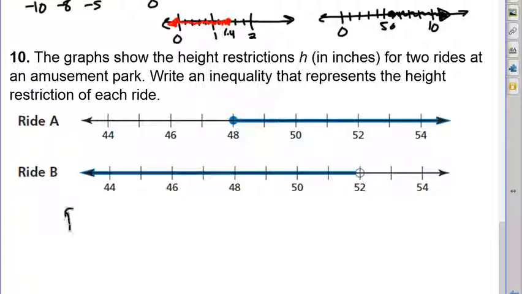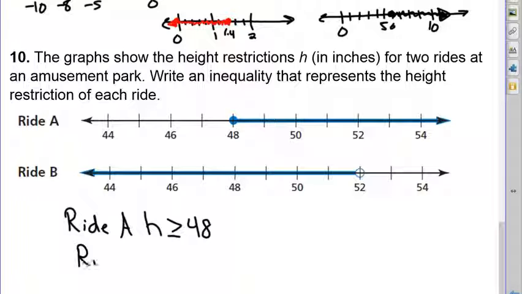So for ride A, our height is being compared to 48. And notice it's all the numbers greater than 48. So it is greater than or equal to, because of the solid dot at 48. There's our inequality for ride A.